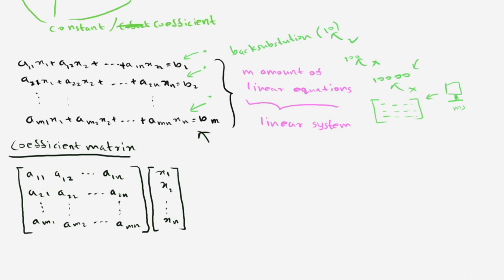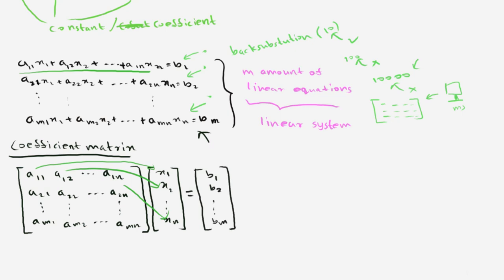When we multiply the coefficient matrix by this vector, it will produce these equations. So it must be equal to the given value list: b1, b2, up to bm. Those are again some kind of known constants.